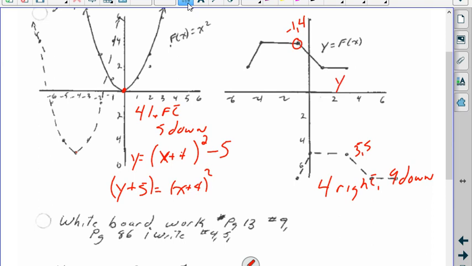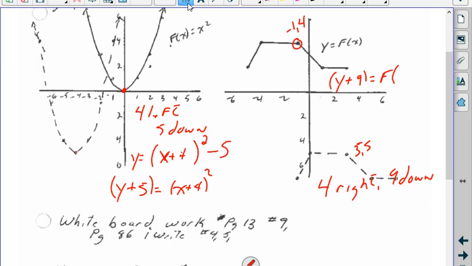My equation becomes, so if I want to think about it this way, if I take it and I replace y with what? Do I replace it with y minus 9 or y plus 9? Yep. So y plus 9 is equal to, in this case, f, because our function is described by a graph, not an equation.